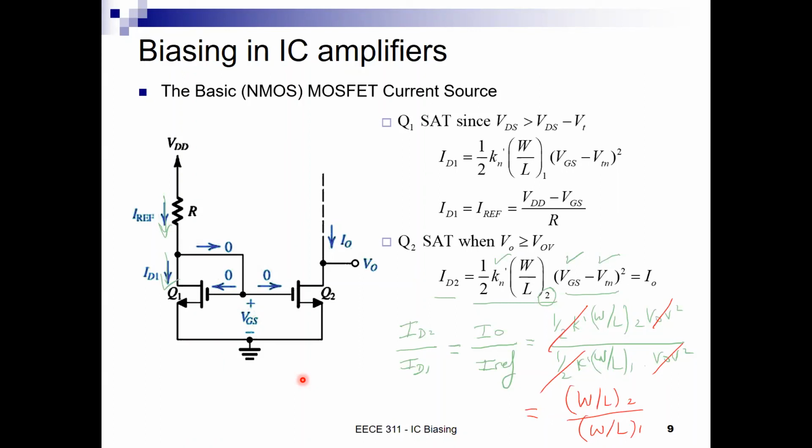Okay, so therefore, if Q2 is guaranteed to be in the saturation region, we'll worry about that later, and there's not much worry here, okay? Then I can guarantee that whatever current is flowing in this branch is really proportional to the current that is flowing in this branch, and the proportionality ratio is based on the width of the transistors, or on the sizing of the transistors, okay?